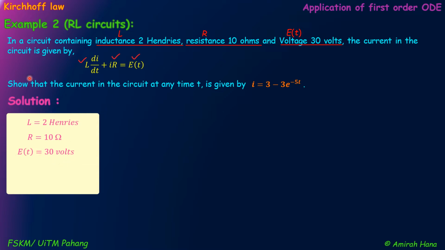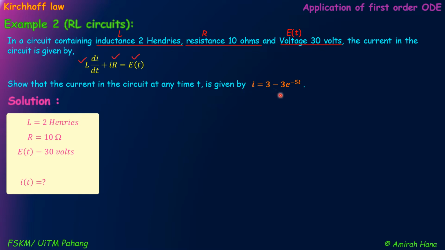And then the question is, show that the current in the circuit at any time t is given by I = 3 - 3e^(-5t). This means we need to find the current I in terms of t, and then show that the answer equals 3 - 3e^(-5t).